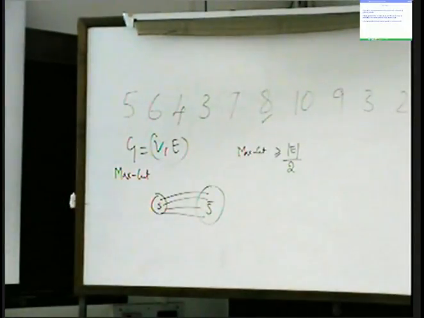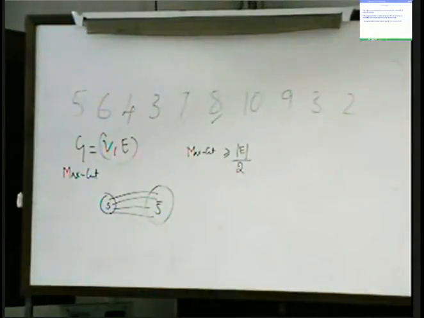Can one of you argue this using what we did in the last 45 minutes? Think of the independent set example that we did.